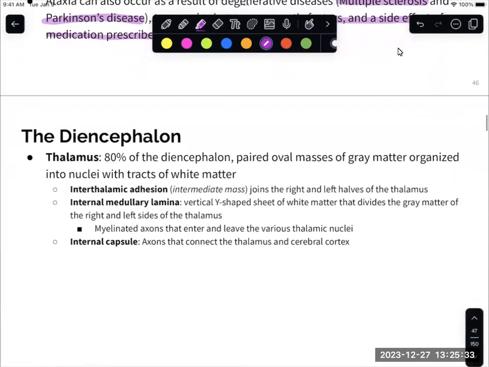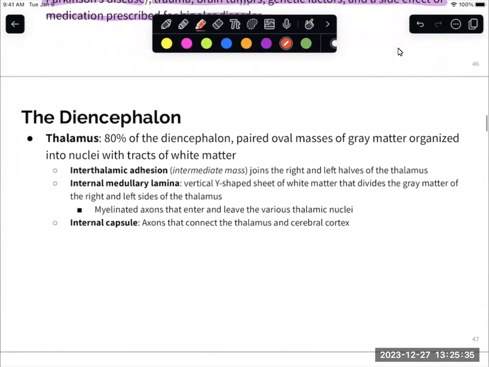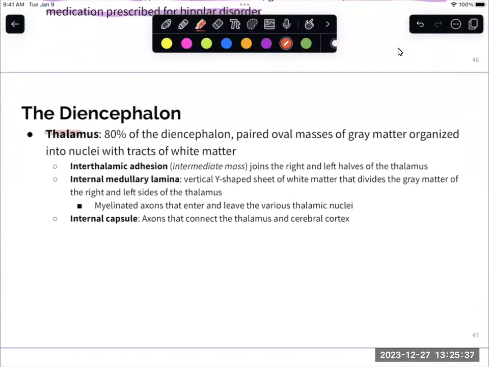So let's keep moving our way up the brain. We have our thalamus. The thalamus is the main part of this diencephalon. There's several nuclei in the thalamus, and then there's lots of different tracts.